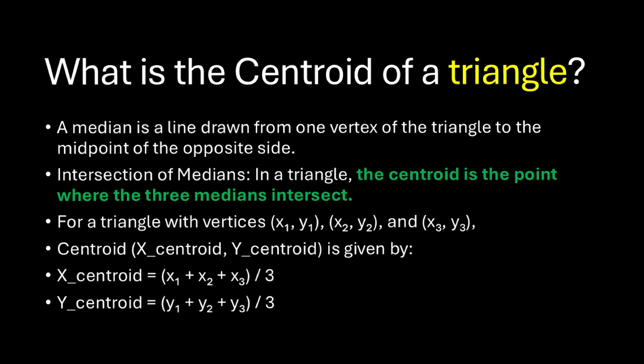Okay, and if the corresponding coordinates are x1, y1, x2, y2, and x3, y3, the centroid x bar comma y bar, which represents the coordinates of center of mass, can be written as x1 plus x2 plus x3 by 3 and y1 plus y2 plus y3 by 3. All right, I hope that makes sense.